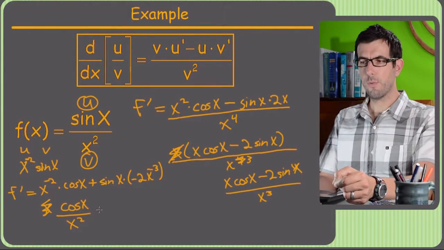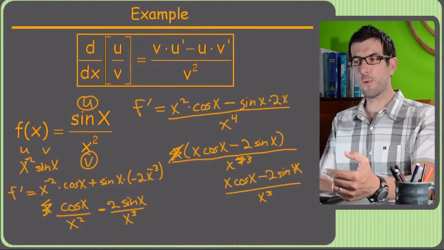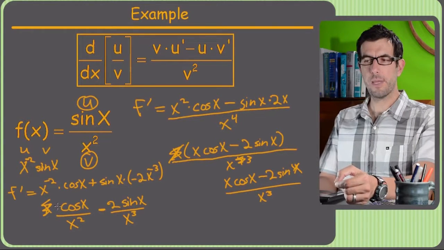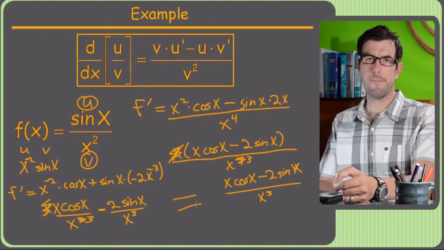And then this other one will be negative 2 sine x, and then that x to the minus 3 we're just going to put downstairs to be x cubed. Still doesn't look exactly like the answer we got the first time with the quotient rule, but it's getting closer, because if we wanted to make this a common denominator, we'd put an x right here and bump this up to a 3. And now you can see we have exactly the same answer.